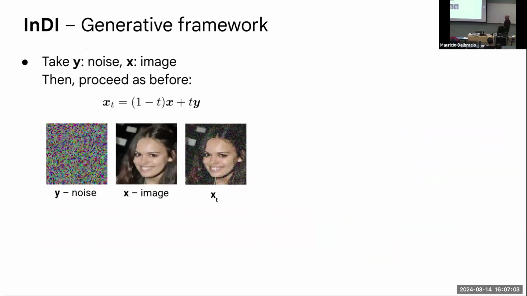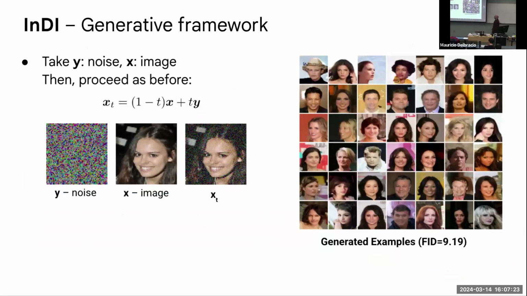However, we can do exactly the same formulation, but instead of starting from a pair Y, we just let Y be noise, and then train exactly the same way. We generate these intermediate convex combinations, train a model, and apply the same idea. If you do this, then we can actually generate samples. This is actually a generative formulation. The results are not state of the art. They are good, but not state of the art.